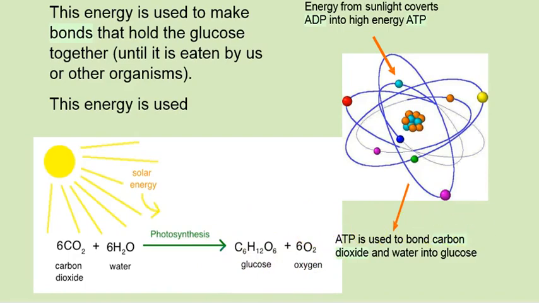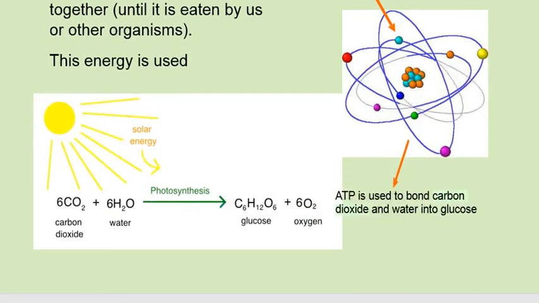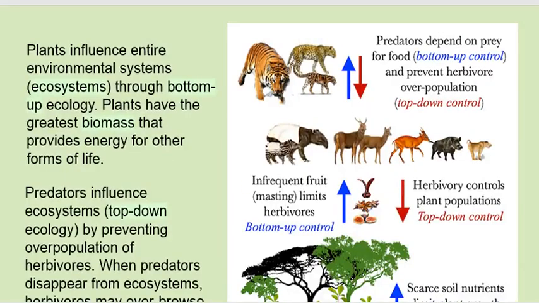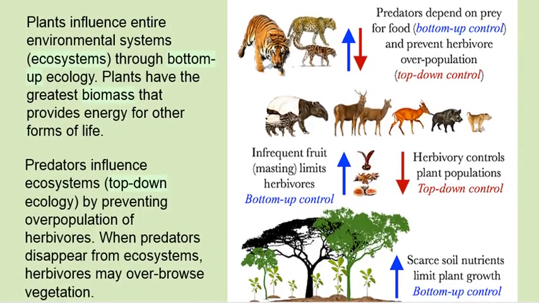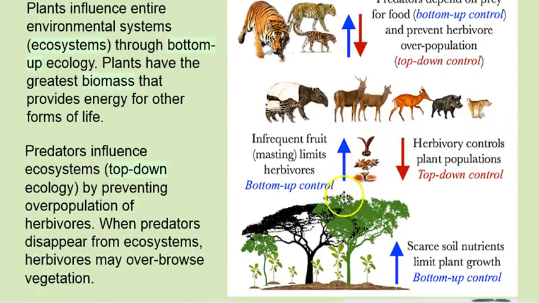So no wonder people get concerned about loss of forests. They also influence the ecosystems because they are part of the bottom-up ecology. Okay, the biomass, they weigh the most in most ecosystems, and they provide energy that the herbivores and predators need.